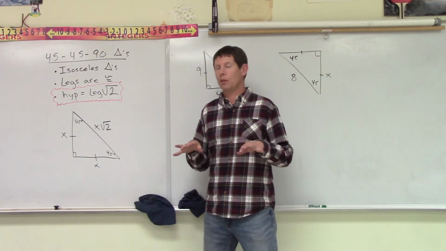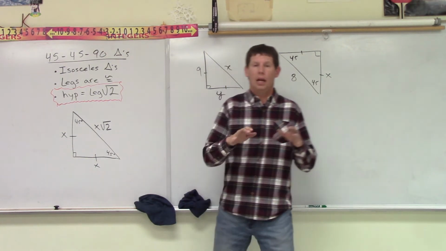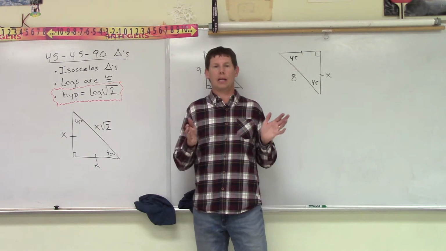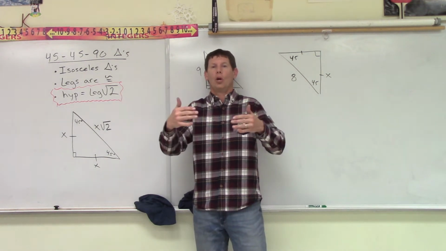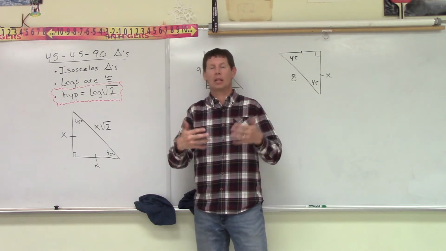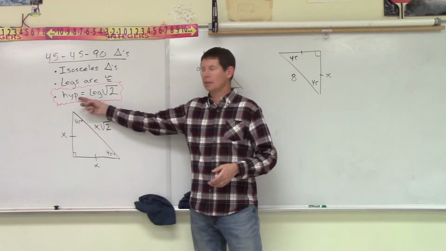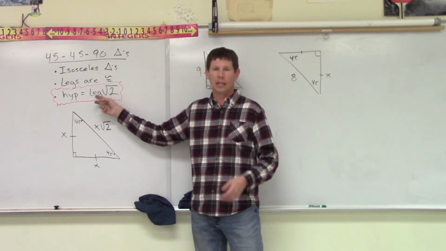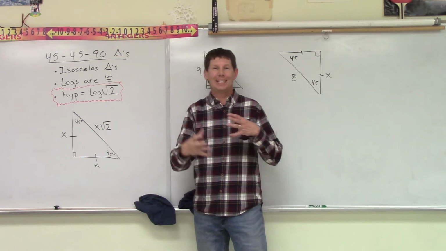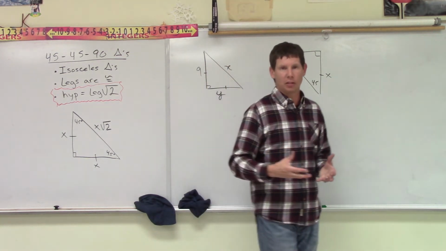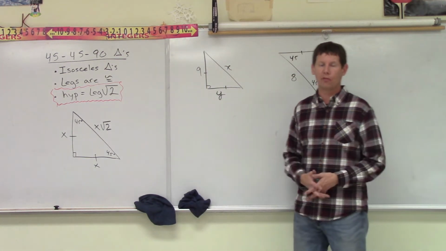So because of this pattern, instead of using the Pythagorean theorem, we can use a shortcut that says the hypotenuse is equal to the length of the leg times the square root of 2, and simplify things a little bit faster, expedite things, be a little bit more efficient.